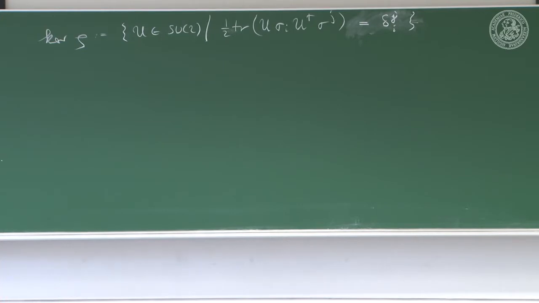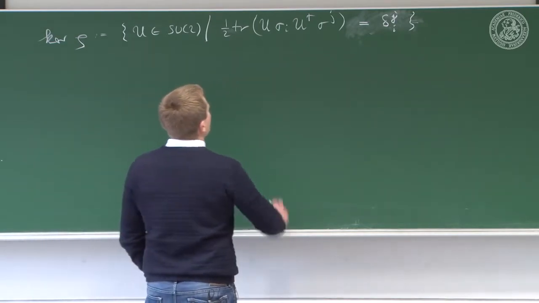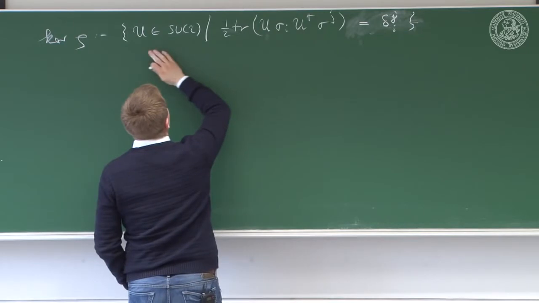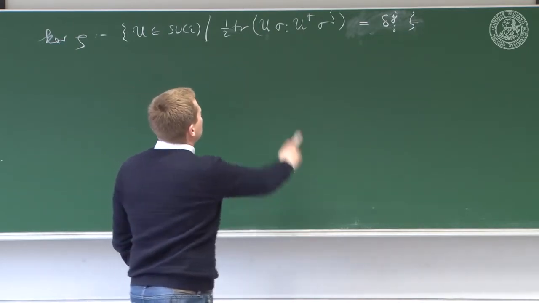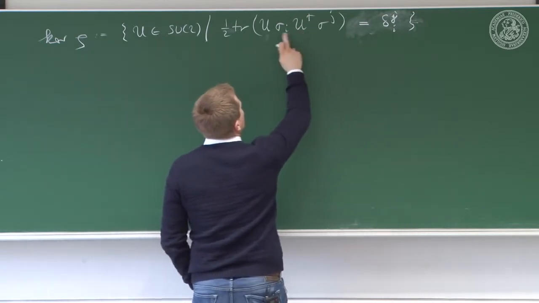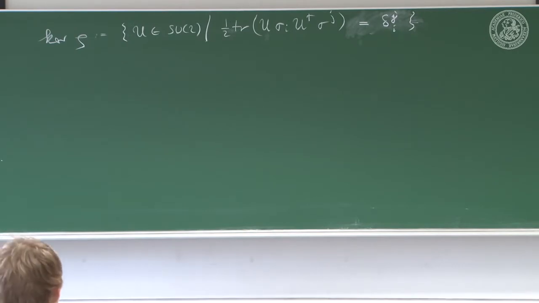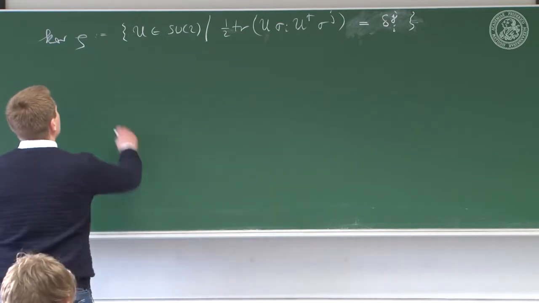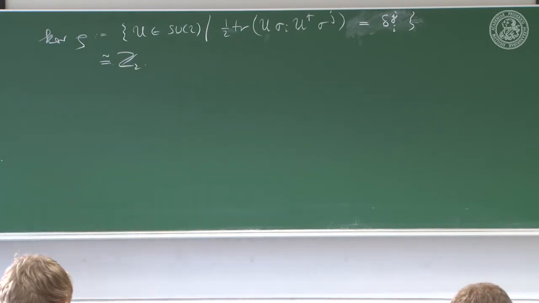So again, it's a matter of playing around a little bit with it, but it's pretty clear that if U in SU2 is a solution to this, then also minus U is, because the U appears there quadratically. And from this you learn that there are two in there.